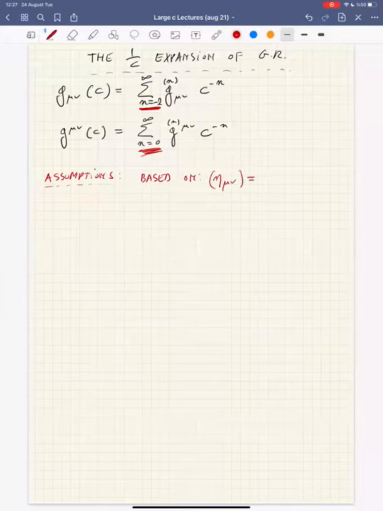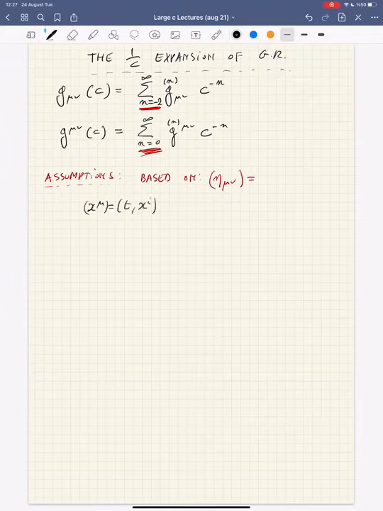And this is important: my coordinates x^mu are going to be t, x^i. So my first coordinate is going to be time, physically with the dimension of time, and I'm going to use length for the spatial coordinates. So in these coordinates, the Minkowski metric takes the following form: there is a c squared here, and then there are just ones here.